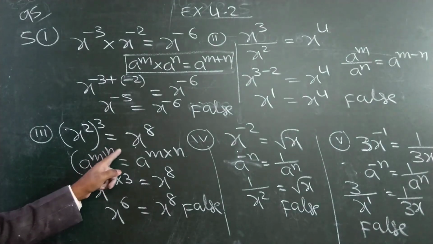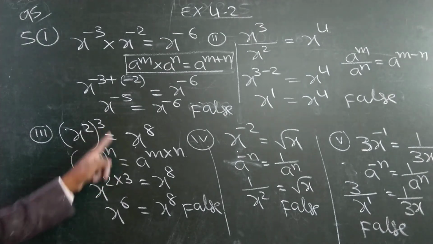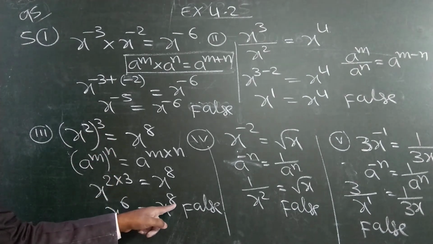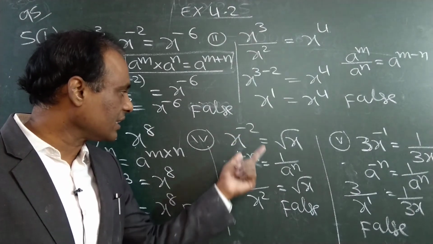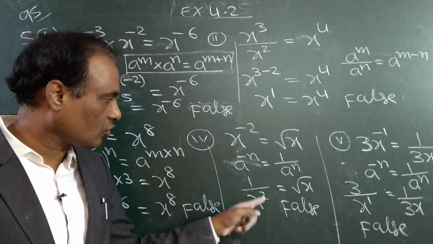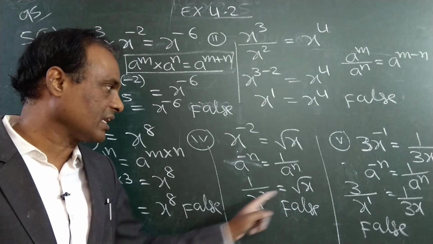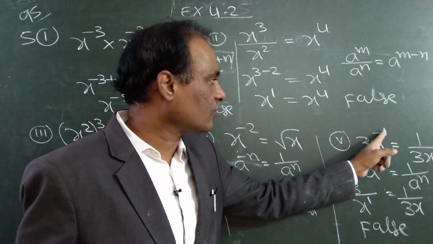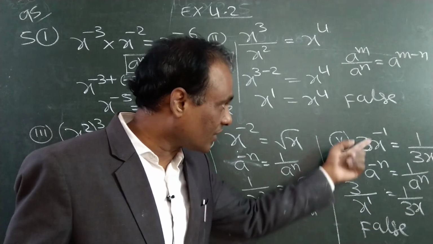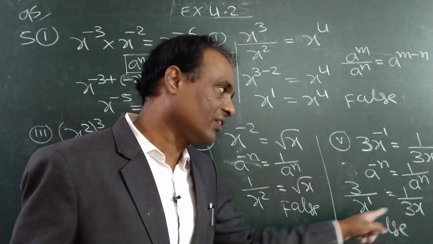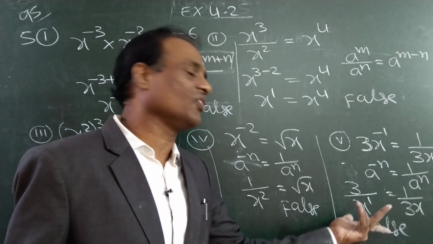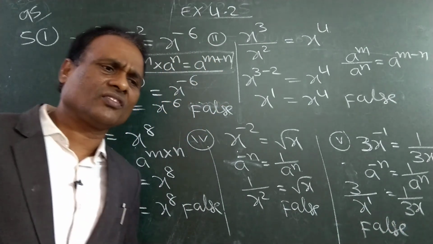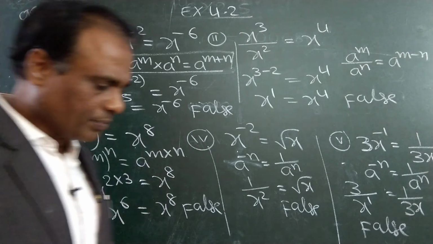A power m whole power n, m into n, 2 into 3, 6, this is 8, both are not equal. x power minus means write in the denominator; x power minus 2 will become plus 2, these two are not equal. x power minus 1 will become x power plus 1 if you write in the denominator. x is same, but 3 is in the numerator here and in the denominator there, so they are not equal, false. Simple procedure. So complete this chapter.